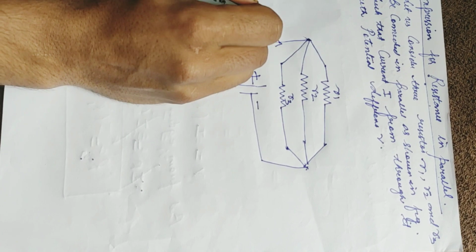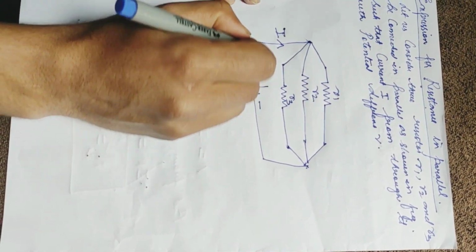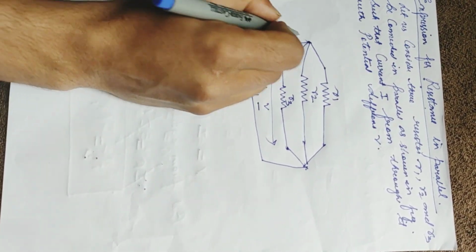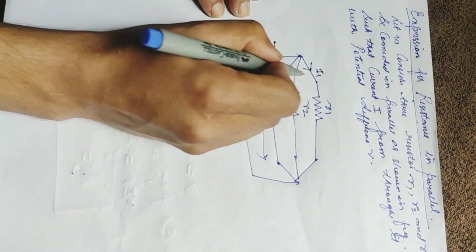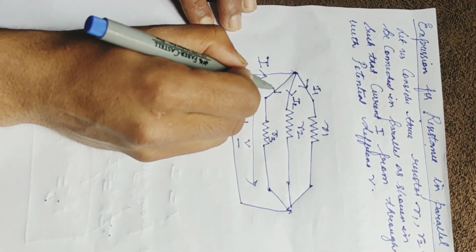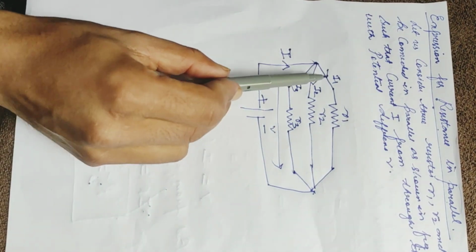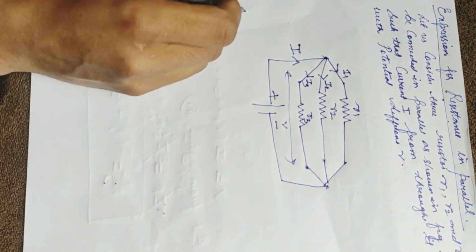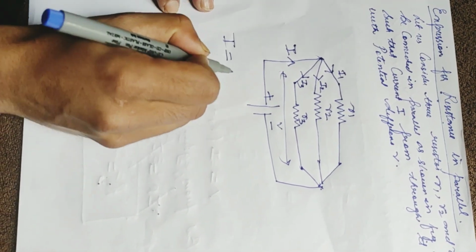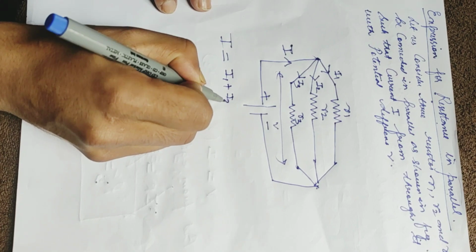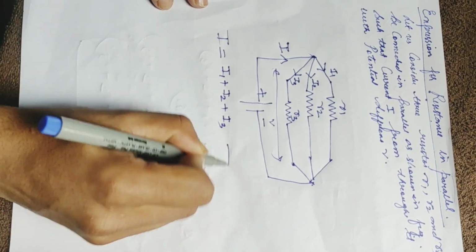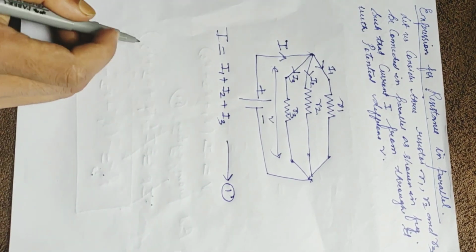So current is here I, then total we have V, and this current will split up into I1, I2 and I3. Because it is a parallel combination, current will be split into I1, I2 and I3. So we can write I equal to I1 plus I2 plus I3, equation 1.